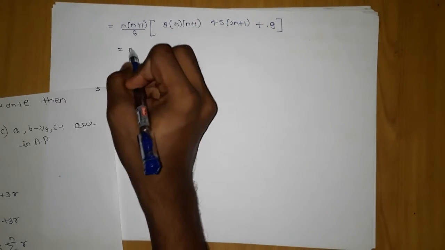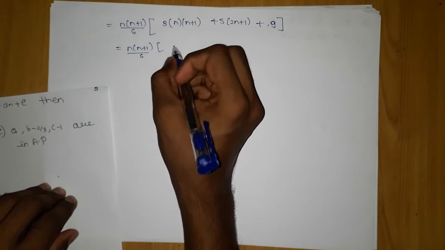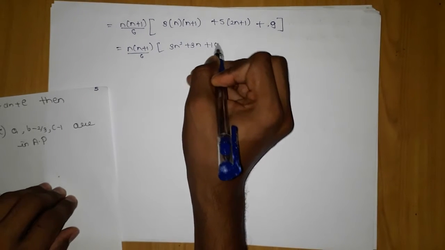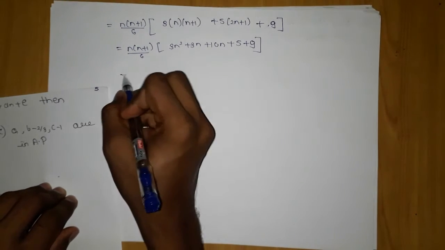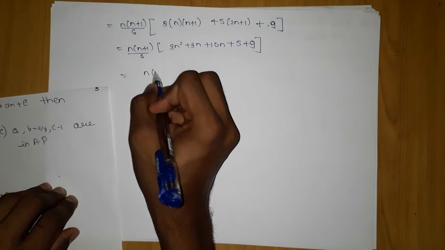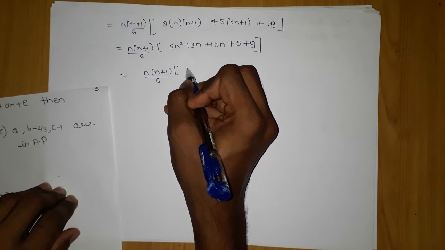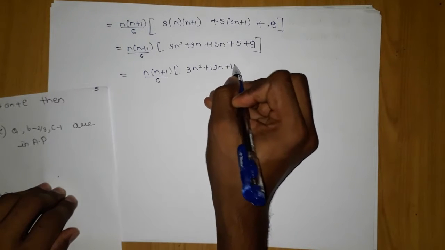So if I solve n into n plus 1 by 6, here we are getting 3n square plus 3n plus 10n plus 5 plus 9, giving me finally n into n plus 1 by 6 into 3n square plus 13n plus 14.